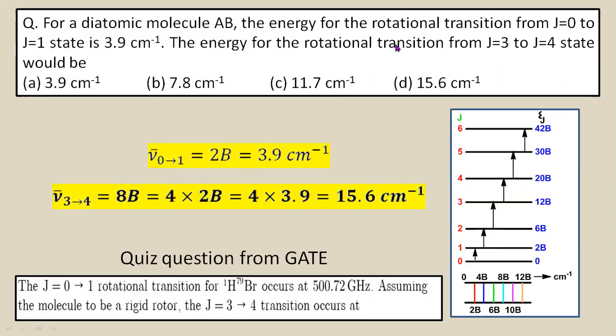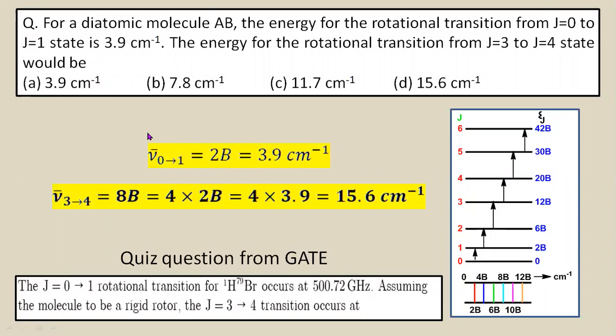The energy for rotational transition from j equal to 3 to j equal to 4, how much? This is the question. For better understanding, I have given a picture here again, and they're asking for j equal to 3 to j equal to 4.